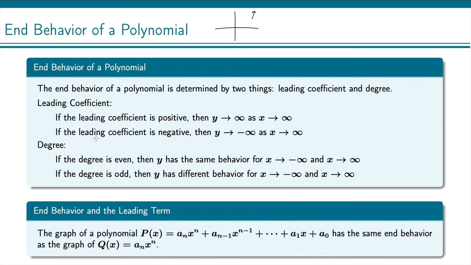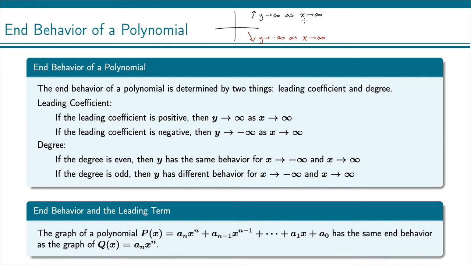If the leading coefficient is negative, then y approaches negative infinity as x approaches infinity. So this would be the case instead where we're going down. This one is y approaches negative infinity as x approaches infinity, and this one up here is y approaches infinity as x approaches infinity.